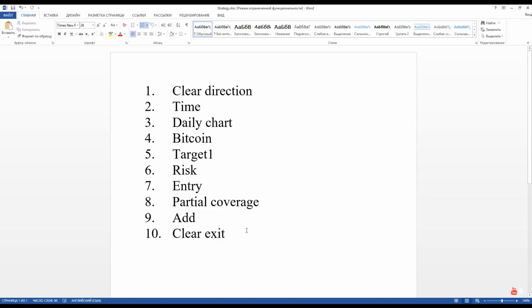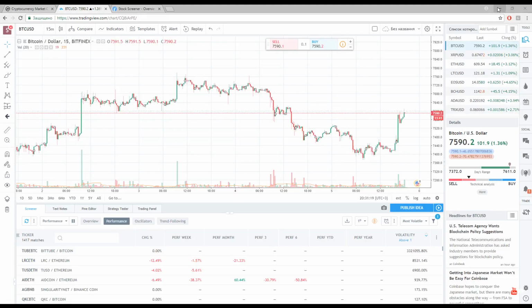So your main goal, in the first case, maybe performance trading stop 5 minutes or 1 hour, and a significant round number like 10,000, 11,000, and so on. So clear exit, your goal.